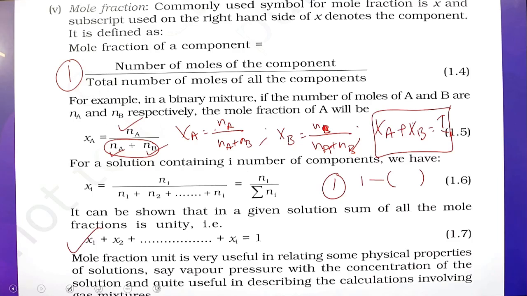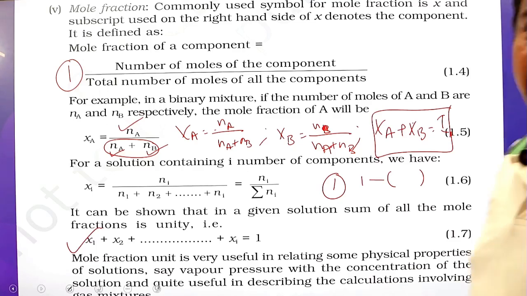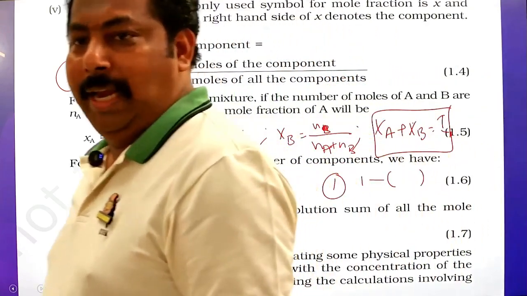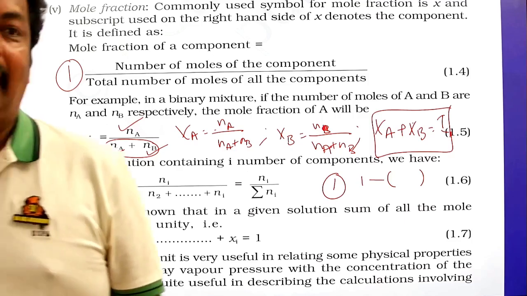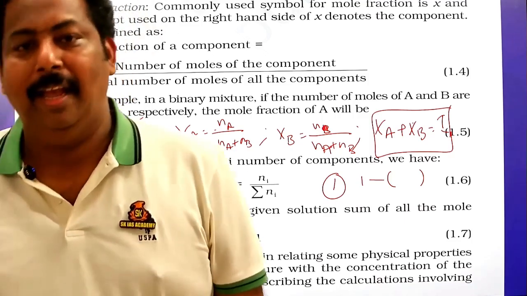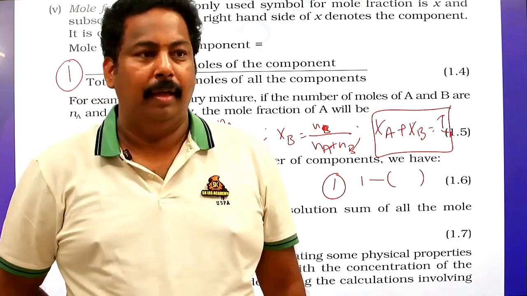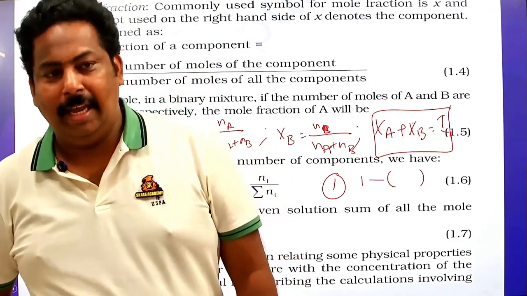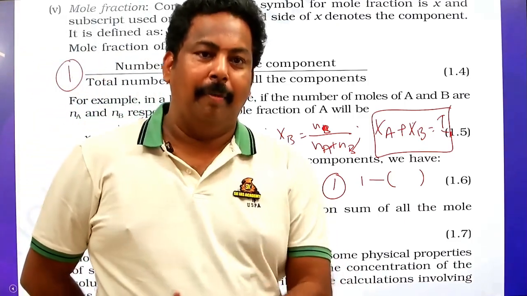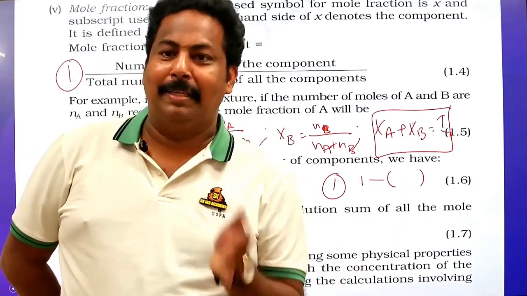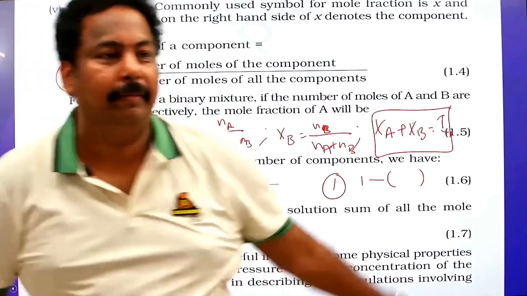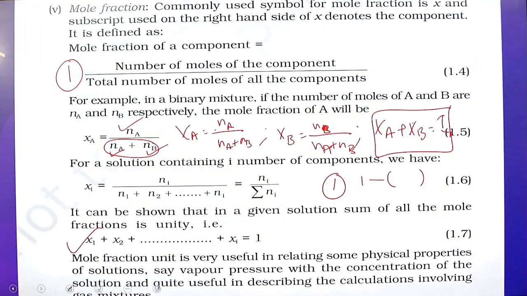Therefore XA plus XB plus Xc is equal to Na by Na plus Nb plus Nc, plus Nb by Na plus Nb plus Nc, plus Nc by Na plus Nb plus Nc, which is equal to the common denominator Na plus Nb plus Nc divided by Na plus Nb plus Nc, which is equal to 1. Proved. You will never ask this question again, why it is unity.